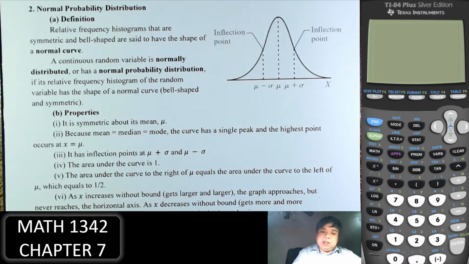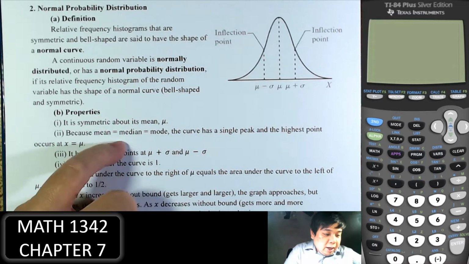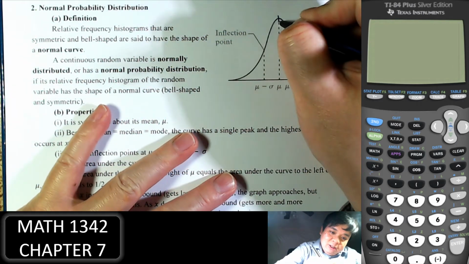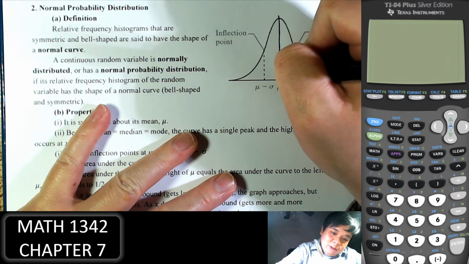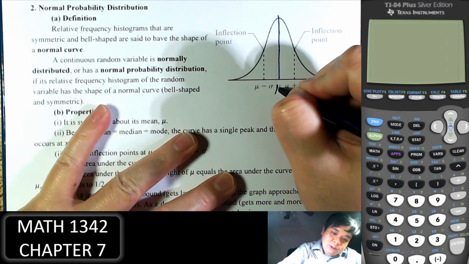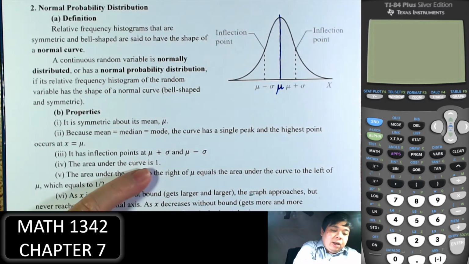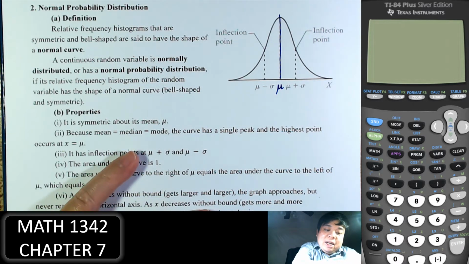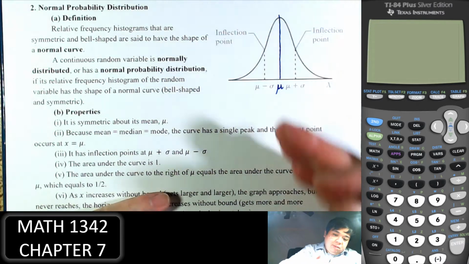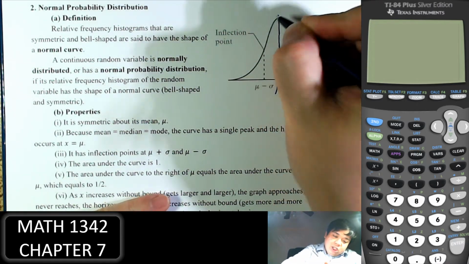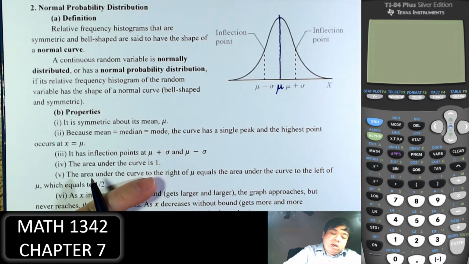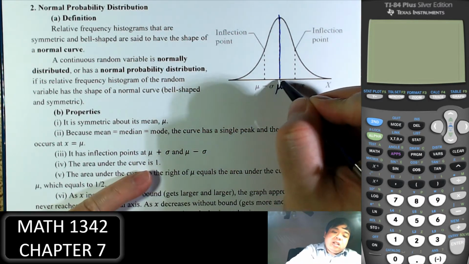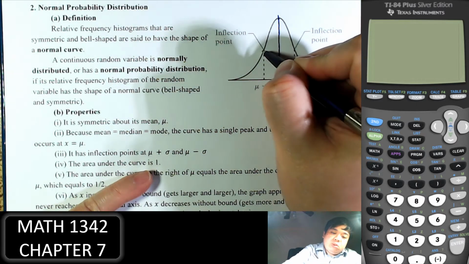So the properties: it is symmetric about the mean, so the mean will be right in the middle. And the mean, the mode, and the median are all the same, so that would be the highest point. The inflection point is at mu plus or minus 1 standard deviation. So 1 standard deviation away we have the inflection point.